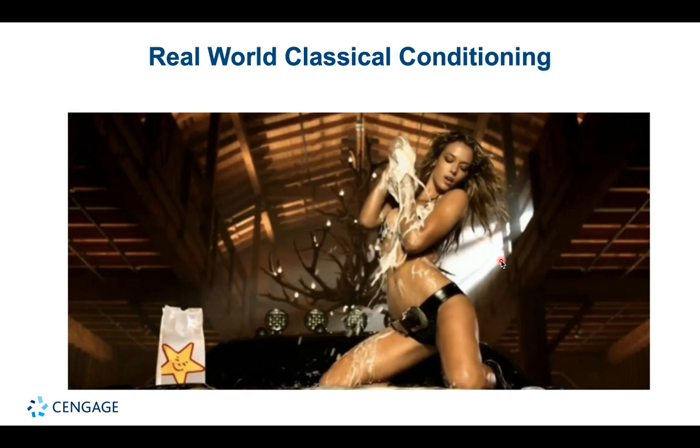This is as clear an example as can be of simply trying to associate the highly sexualized image of this person with the product. And I don't think it takes too much deep thought to consider why they used milk rather than water or orange juice, right? We don't really have to think too hard to figure out why they used milk.